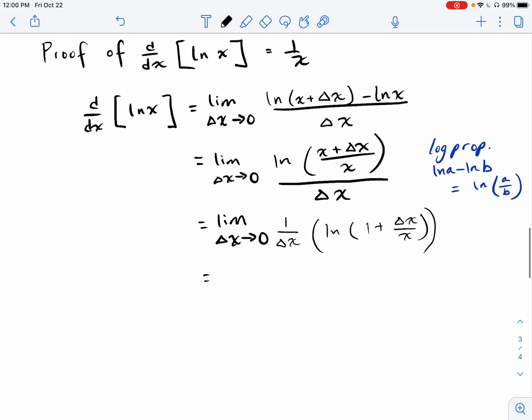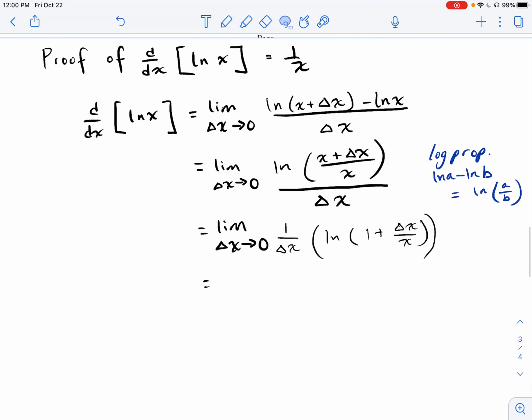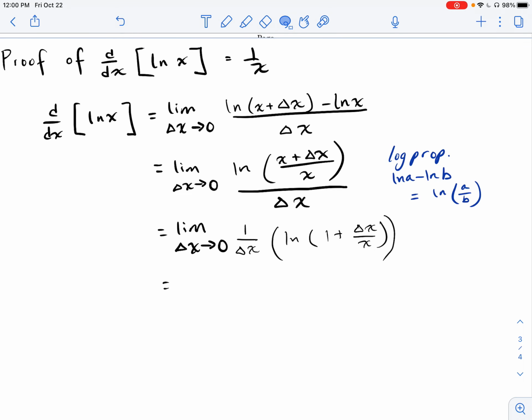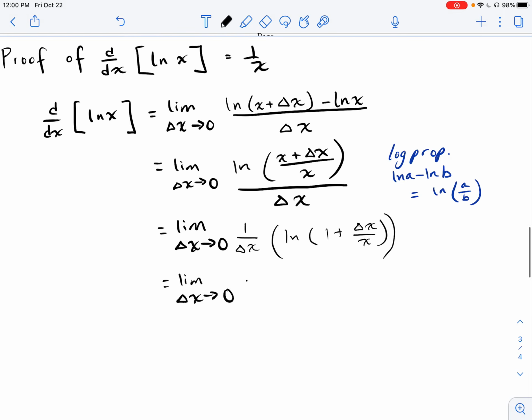Let me actually make some space. Let me move all of this stuff over here. So I can then rewrite this using another log property, which would be the natural log of 1 plus delta x over x. Where did that 1 over delta x go? I'm effectively taking this and rewriting it as a power of this argument.